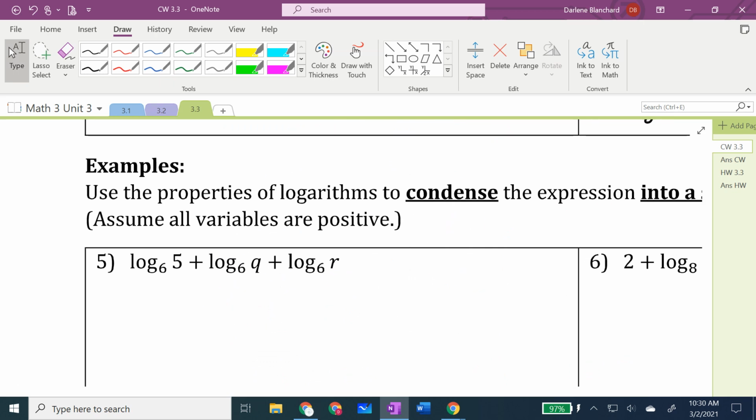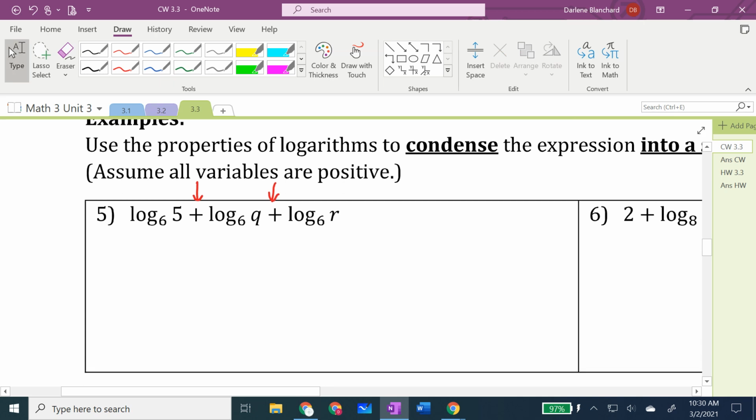So that's what we need to do when we're condensing. Here we go. You should notice an addition here and an addition here. And if you feel comfortable, you can do this in one step. In one step, you can say all three have base 6 for their logarithm.